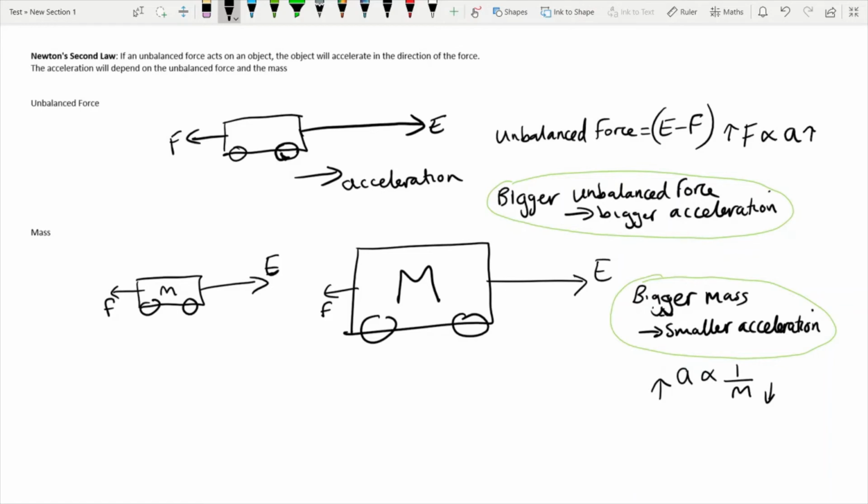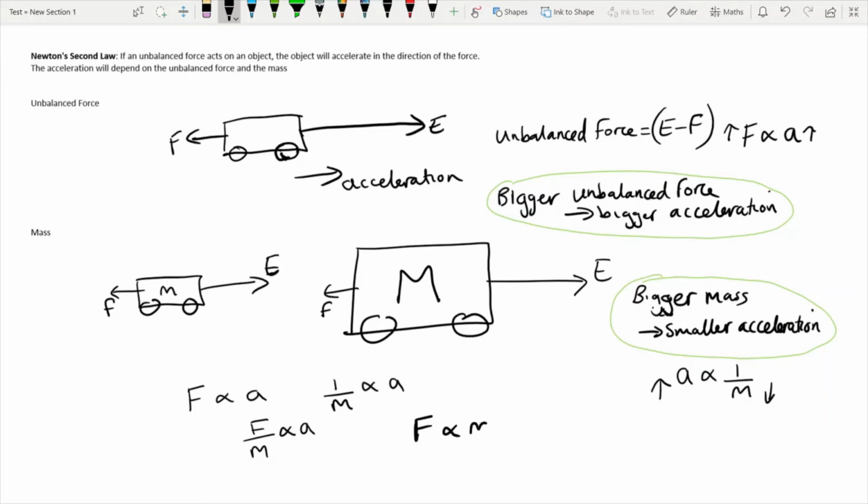So what we've got if we combine those is we've got F is proportional to A, and we've got 1 over M is proportional to A. So if we combine them, F over M is proportional to A. So we can rewrite that as F, if we just rearrange it, you can just rearrange it like there was an equal sign in it.